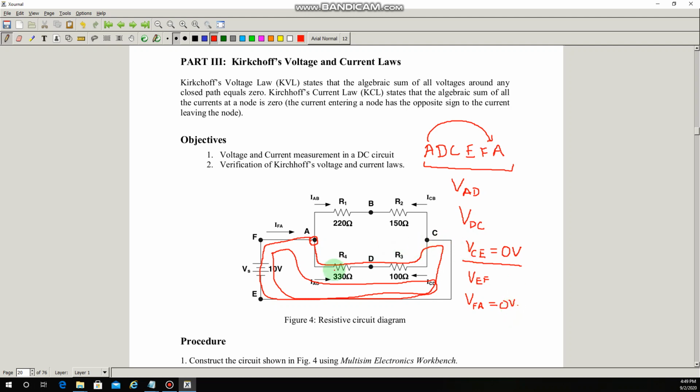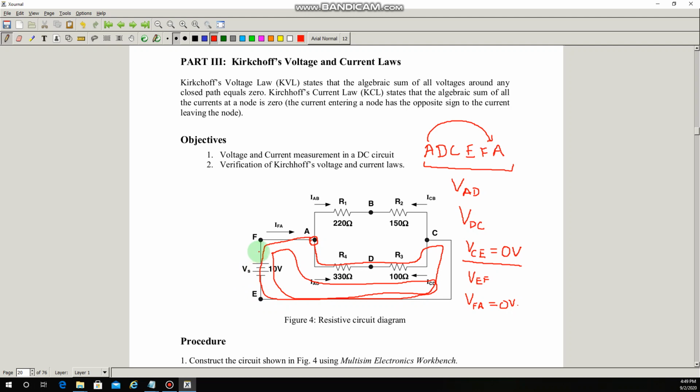Anyways, so let me repeat this again. KVL says that the sum of the voltages across the components in a particular closed loop should be equal to 0. Now we have successfully identified the different voltages in this loop. What are those voltages? VAD, VDC, VCE, VEF, and VFA.